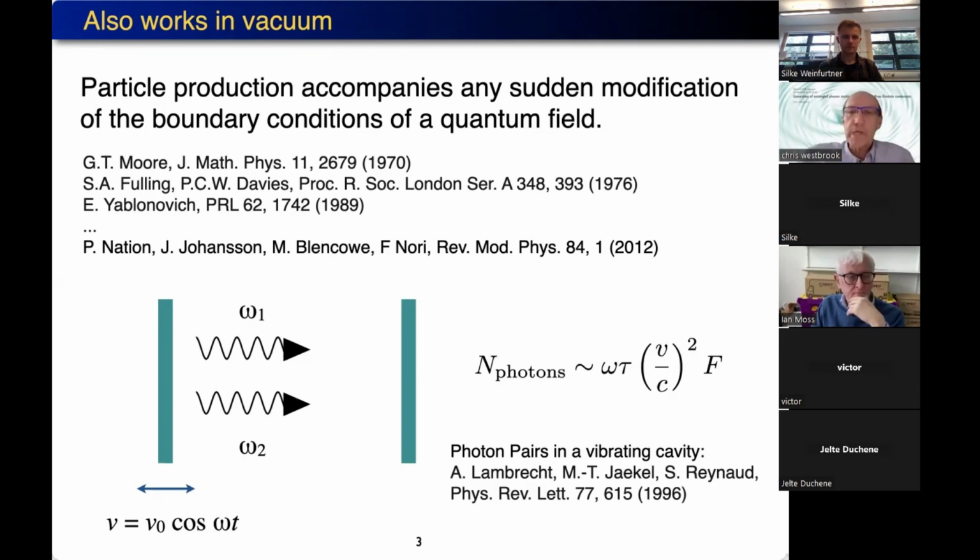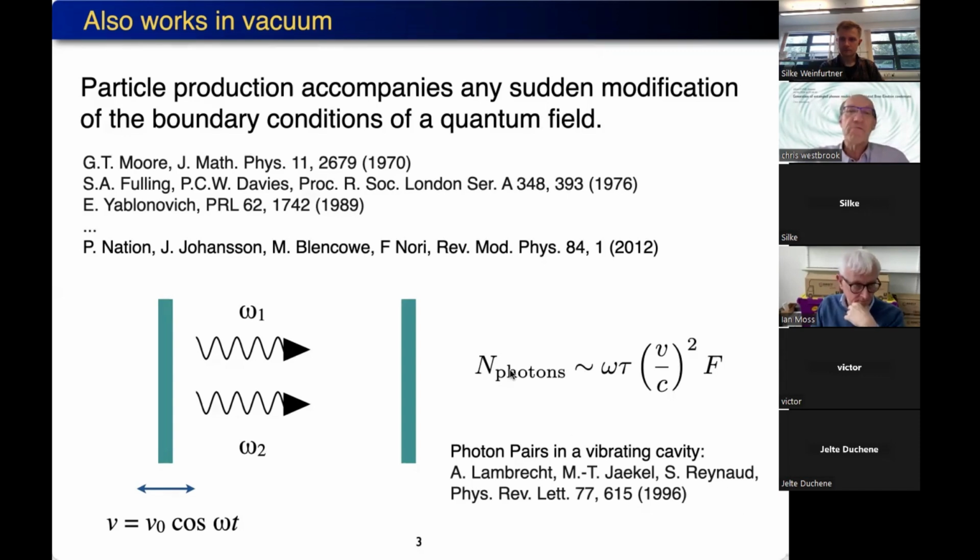It refers to a calculation done by people at the Laboratoire Kastler Brossel, the LKB, in Paris, in which they thought about what would happen if you had an optical or some sort of electromagnetic cavity, and took one of the mirrors and made it oscillate very rapidly.